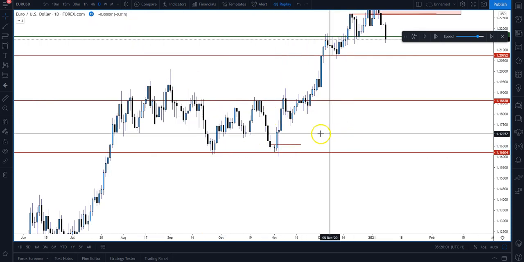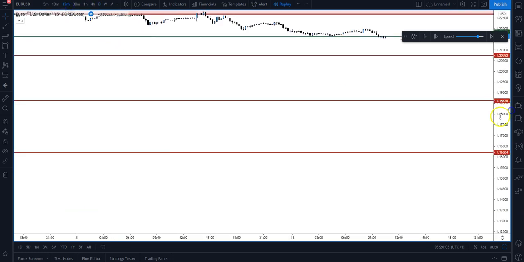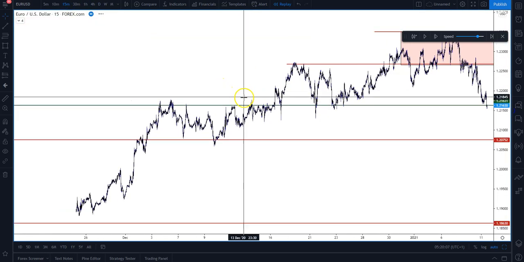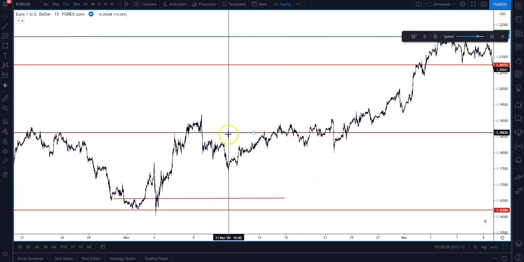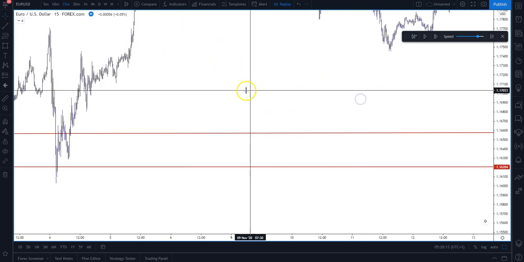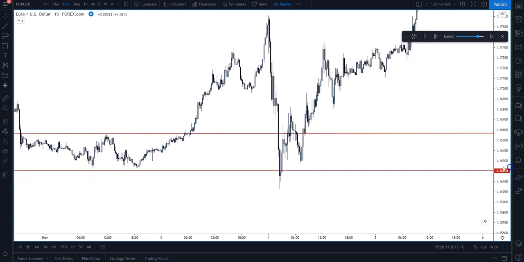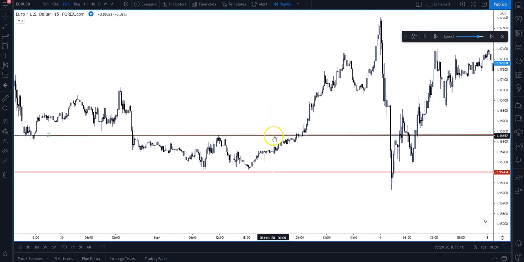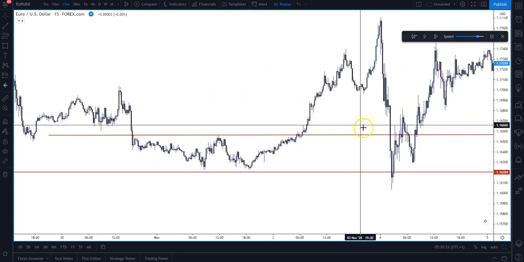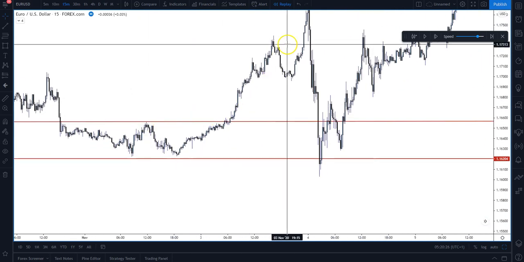So this is the doji right here. Now remember what I said. We're waiting for it to break out and retest, right? For it to break out and retest.